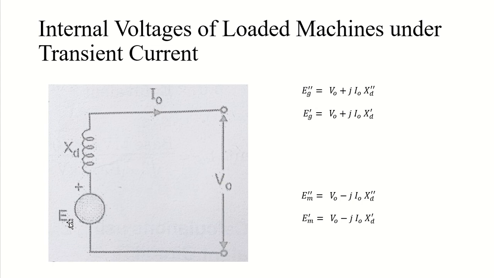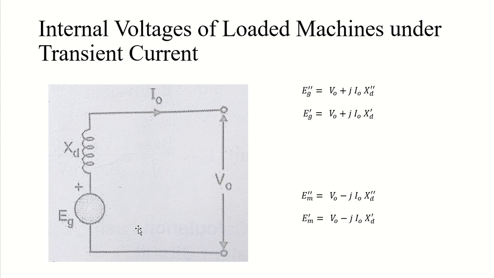And how will you display the formula, how will you determine the value of your EG dash and EG double dash? So it will be same. Apply your KVL in this loop. You can find value of EG double dash.